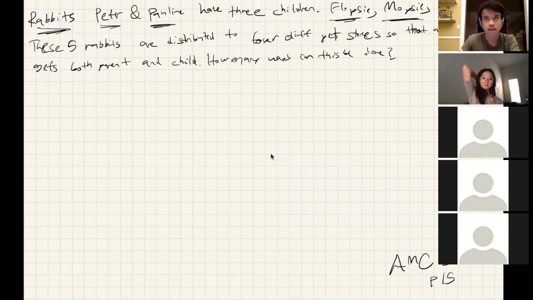So no store gets a parent and a child at the same time. And how many ways can this be done? So this is from the AMC 12A 2013, problem 15. So the key to this problem is to do casework.